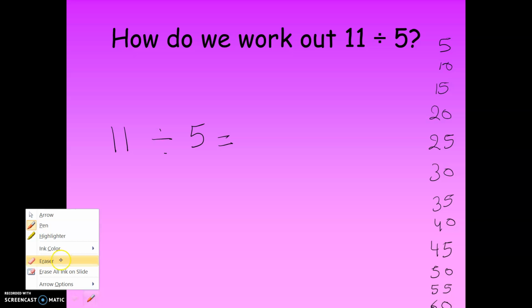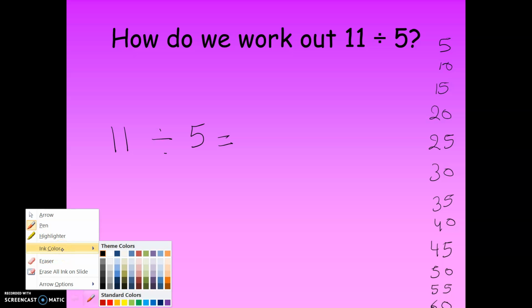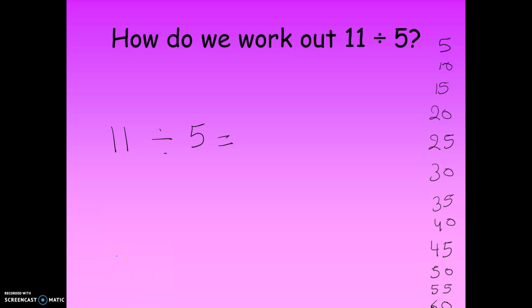Always look. I don't have 11 in the timetable of 5, but I have 10. 11 is located somewhere between 10 and 15. So I cannot distribute 11, but I can distribute 10 candies. So 10 candies distributed equally to 5 of my friends.